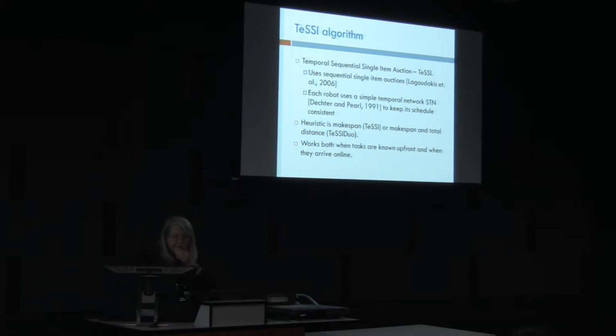It's an algorithm based on the use of auctions, which is a method that's been used by many people, including many people in this room, for task allocation in the robotics community. We start from the sequential single item auction algorithm and extend it to include temporal constraints.